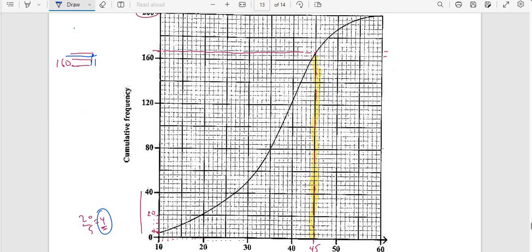So it's 160 plus 4 plus the little half of 4, which is 2. So you get 166. So 166 students. This is 166 students right here.